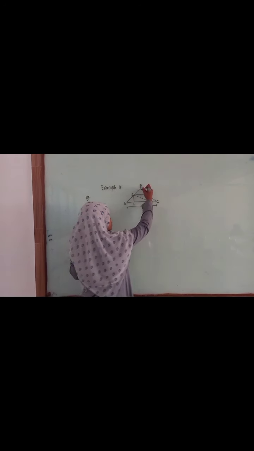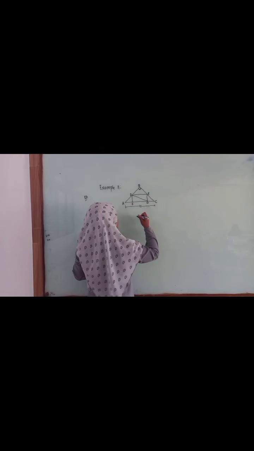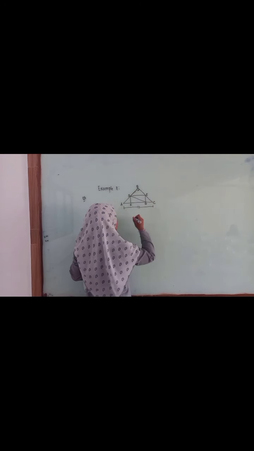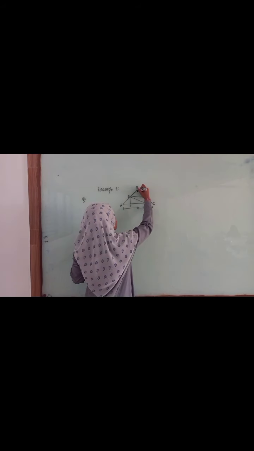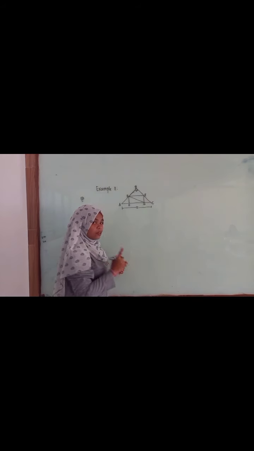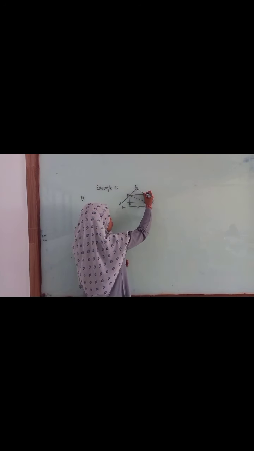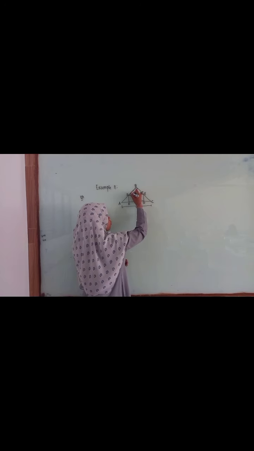So since this is a 90 degree, ibig sabihin itong triangle dito, yung maliit na triangle, di ba, the sum of interior angles of a triangle is always equal to 180. So since 90 to, this is 45, tapos ito din is 45.